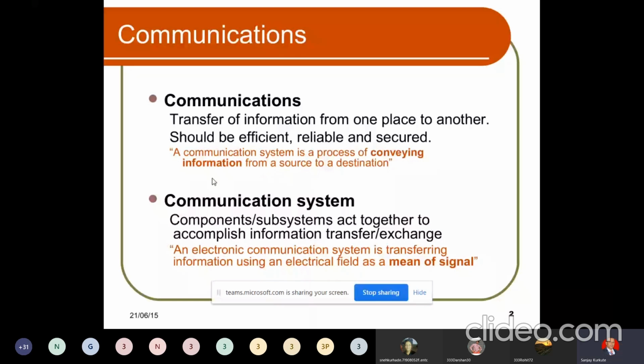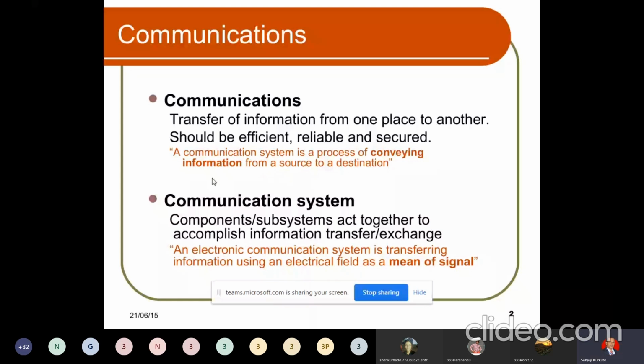So communication system, it is a process of conveying information from source to destination. And our online teaching system, it is two-way communication. We may have information from our end also, and you may ask queries or you may discuss from both sides. So communication is a process of conveying information from source to destination.